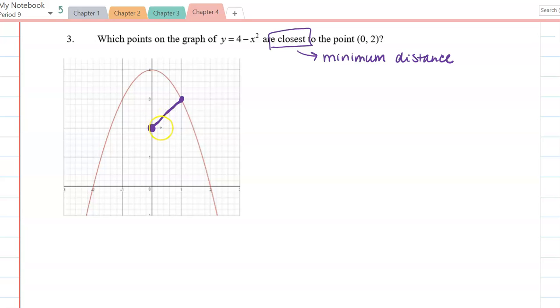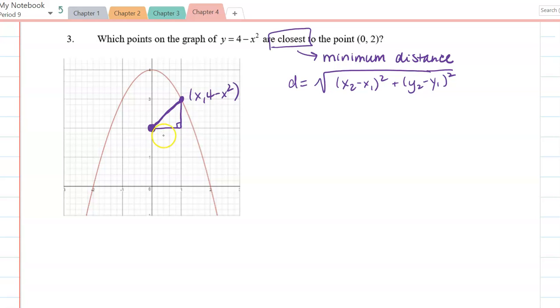And I hope you remember from geometry that when you find distance, you're always using this formula, the change in x, change in y, and then it's really just Pythagorean theorem. And this is a messy formula. I'm not even really going to use that for this problem, because I think it makes more sense just to talk about it in a different way. So here's the point 0, 2. And this point is the point x and 4 minus x squared. So every single one of our right triangles is going to have a width here of x.